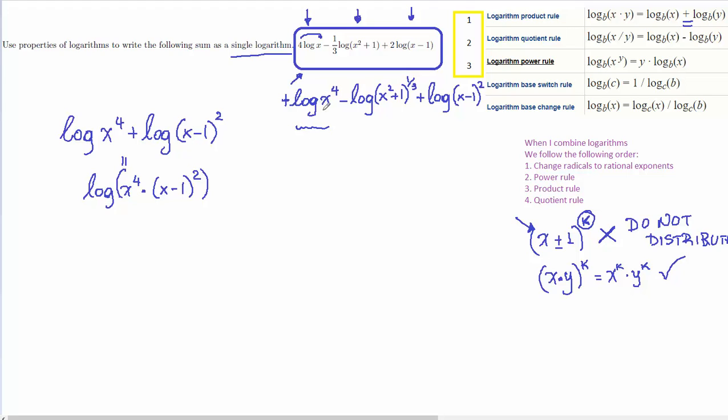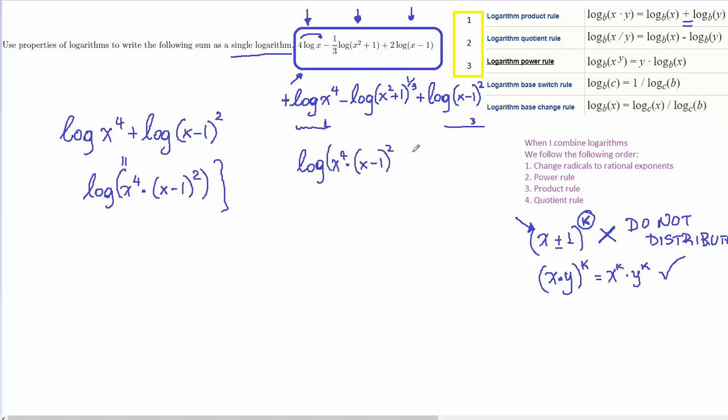So now, instead of using the first term and the third term, I'm going to revise my expression, and I will combine them into what I found to be their product, and this is log of x to the fourth times x minus 1 squared.